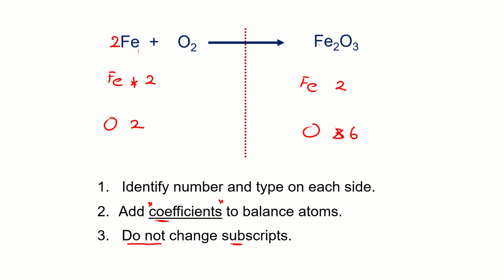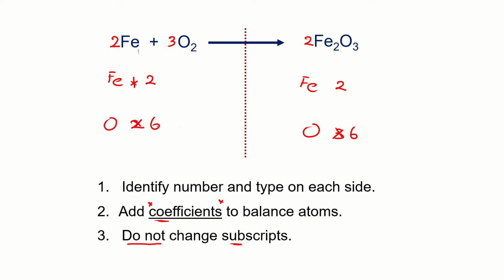What will give you 6 if you have a 3? Divide 6 by 3 is 2. So 2 multiplied by 3, you get 6. And now you need to get 6 oxygen atoms on the reactant side. 6 divided by 2, you have 3. Troubleshoot it. 3 multiplied by 2, you get 6.